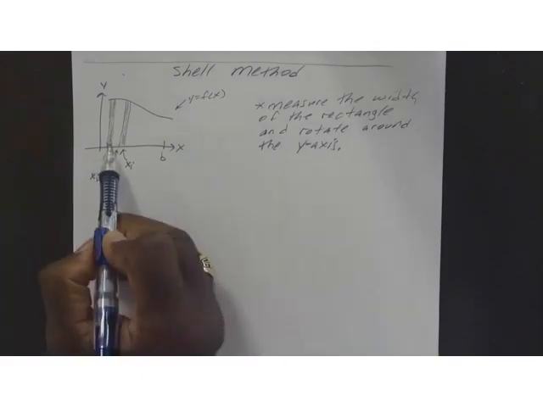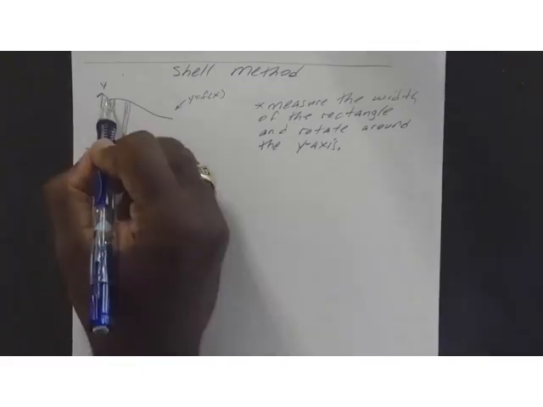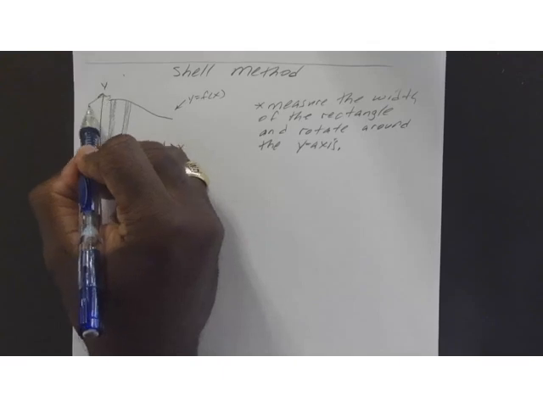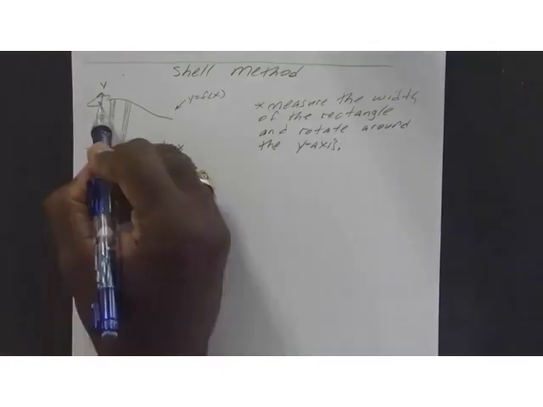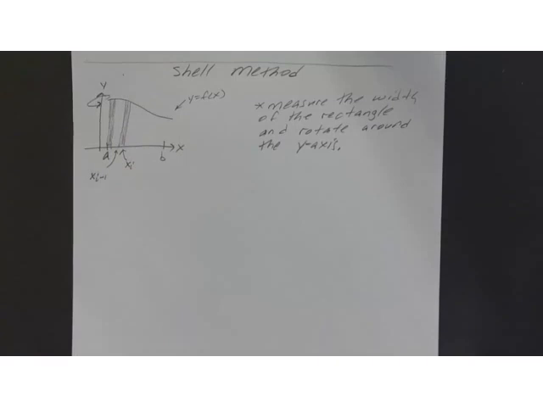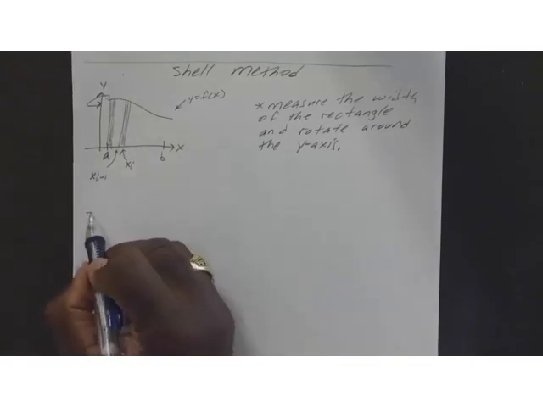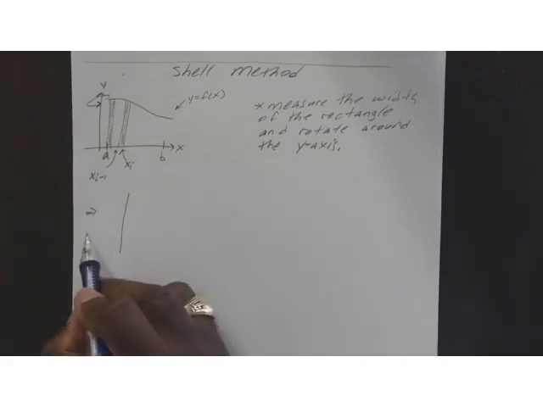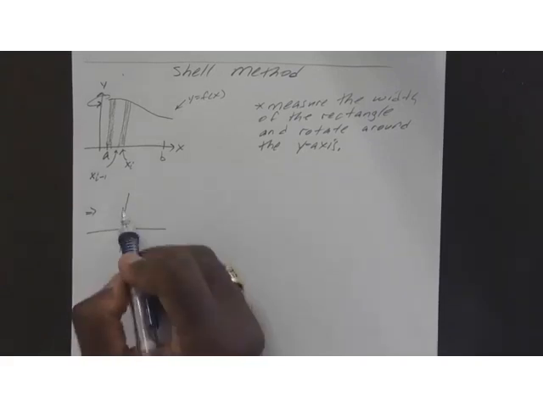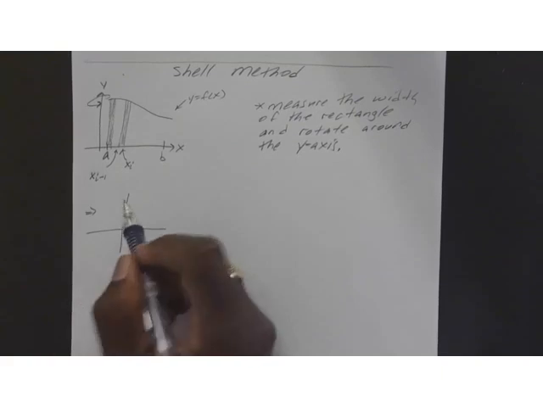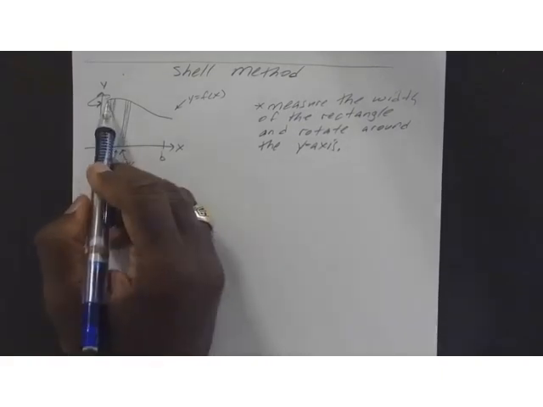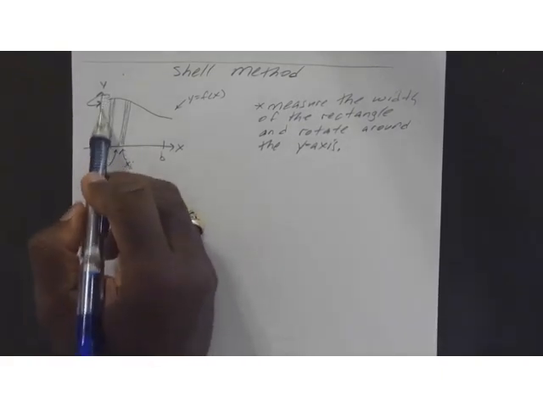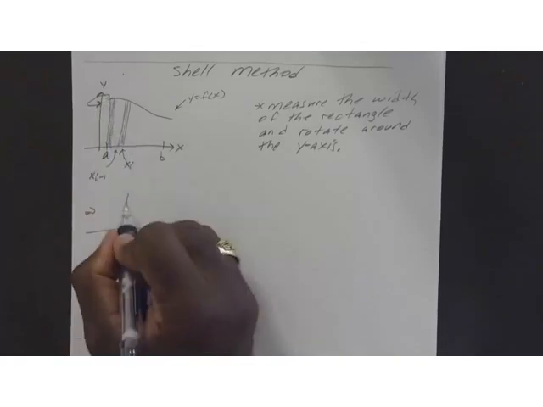Okay. Let's say we take this first rectangle and spin it around the y-axis. Not the whole thing, just that one rectangle. If we spin it around, because a is not on the y-axis, you'll have that little hole in the middle.